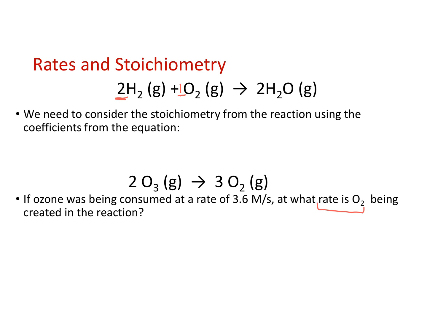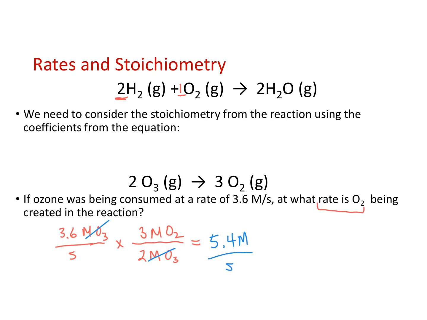So if ozone is being consumed at 3.6 molar per second, and I know from the balanced chemical equation that for every 2 molar of ozone, I'm going to make 3 molar of oxygen, I calculate across, and my ozone cancels out. I multiply by 3/2. The rate of the appearance of oxygen would be 5.4 molar per second. Again, this is our conversion factor.